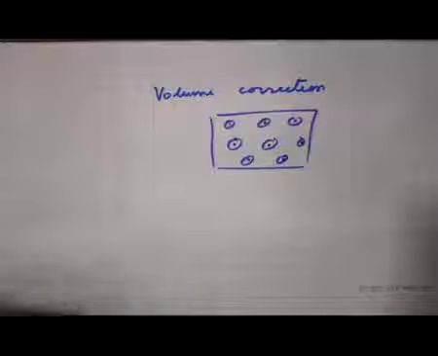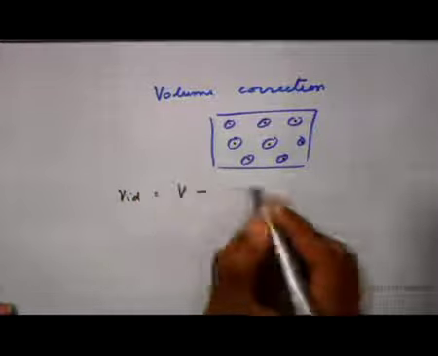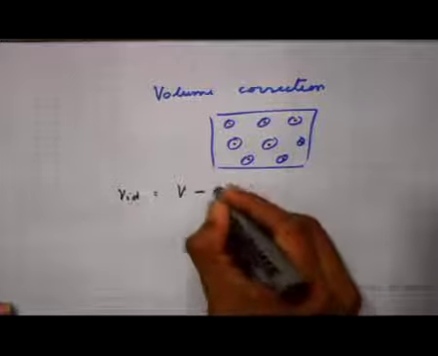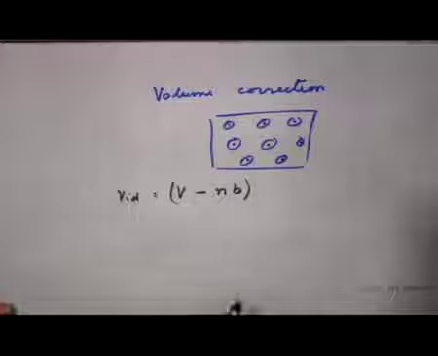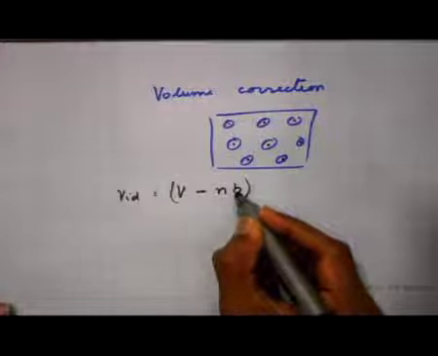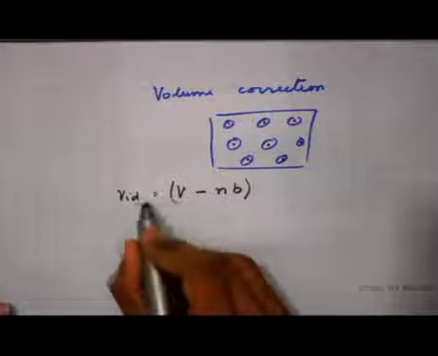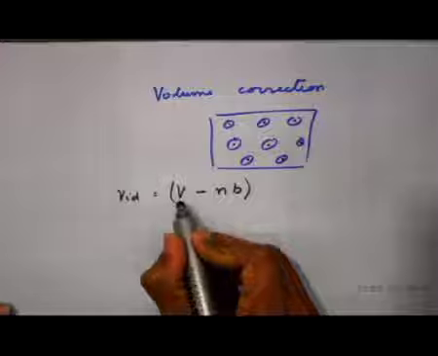So, now we have to say that V ideal would then be V minus nB, where each molecule has a particular size. So, V ideal would be less than real volume by this factor.